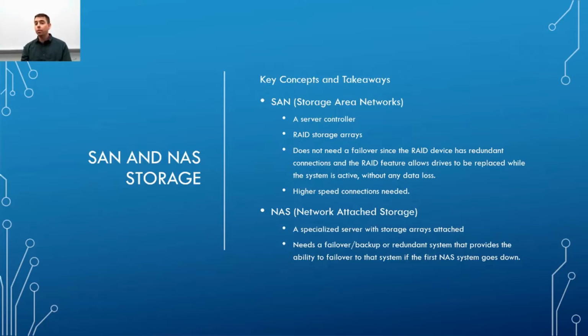A NAS is definitely going to be cheaper than a SAN, but a SAN is able to do more than a NAS. So a NAS is basically, picture a specialized server. If you've ever seen a pancake server that has an array of hard drives, that's basically what it's going to look like. It's set up specifically for data storage, and it's of course connected to the network.